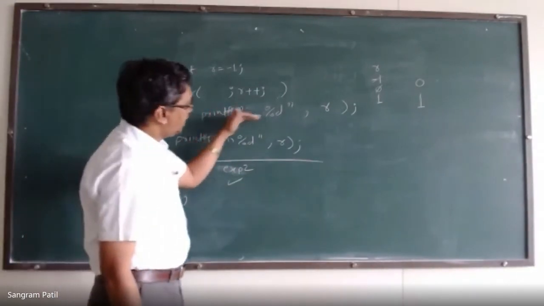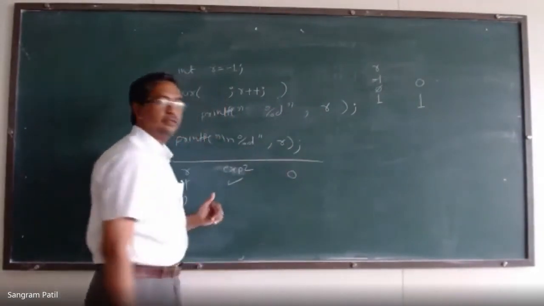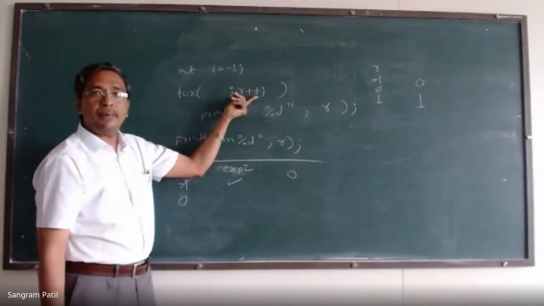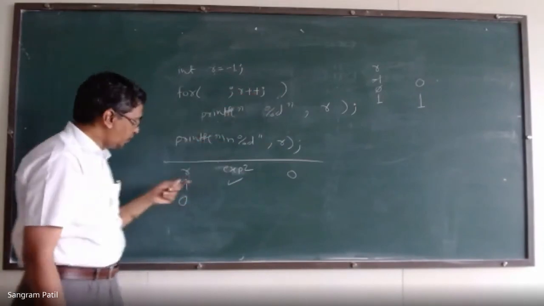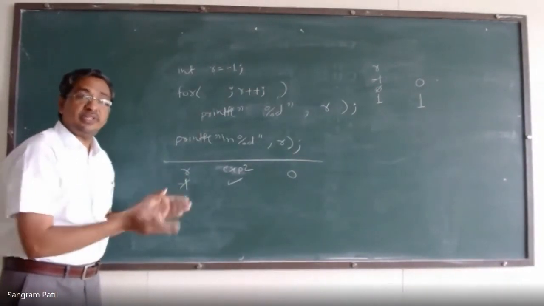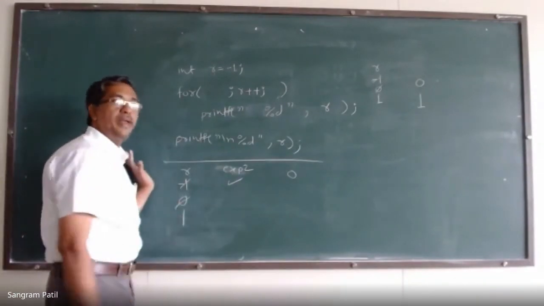Okay. Then it comes here. Printf %r. What is the value of R? 0. So this will print 0. Then expression 3, which is missing, R plus plus. So here it will check the value of R. Is it non-zero? No, it is 0. So it decides to come out of the loop. Okay, and it becomes 1.